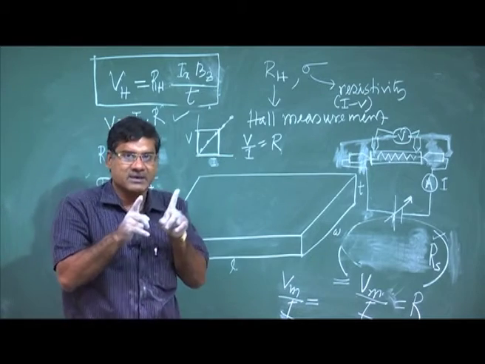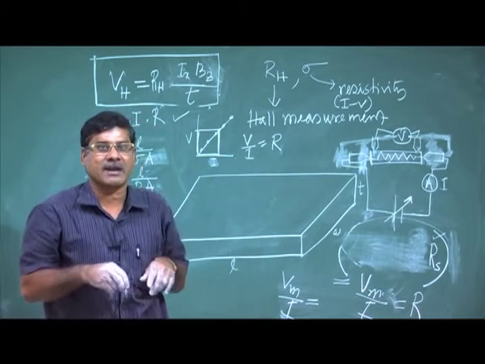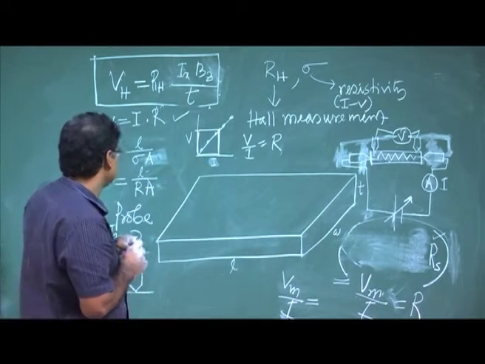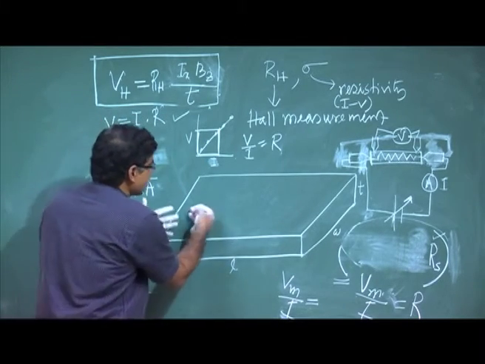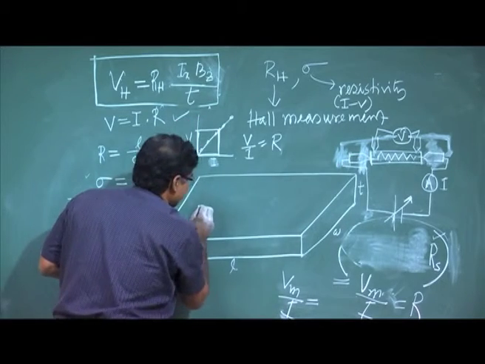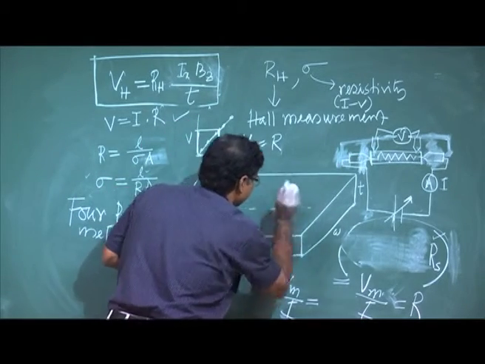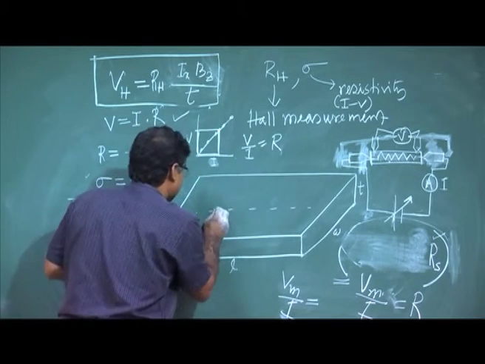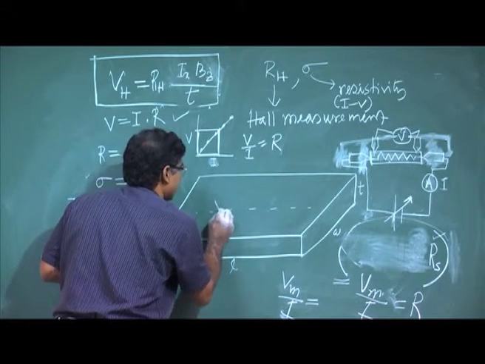So, there are 2 ways, one is the linear 4 probe method, another is called the Van der Pauw method. Okay. So, here whatever I explained, basically in the middle of the sample at equal distance we take these probes.